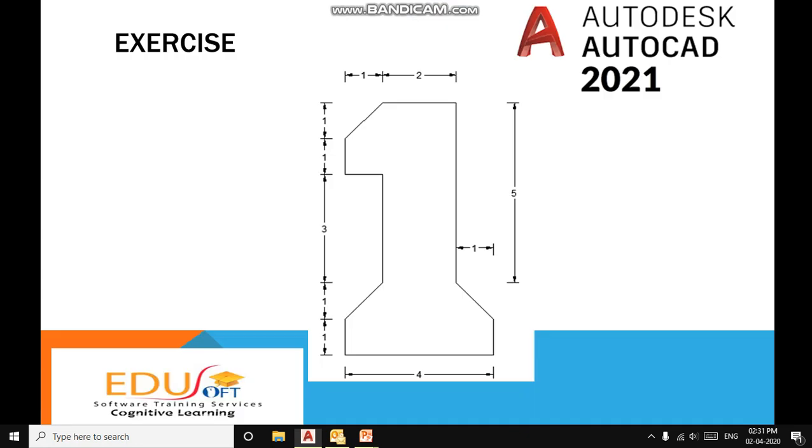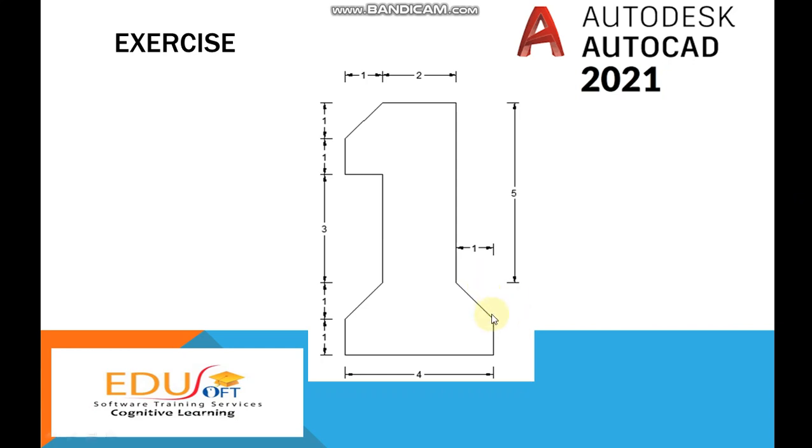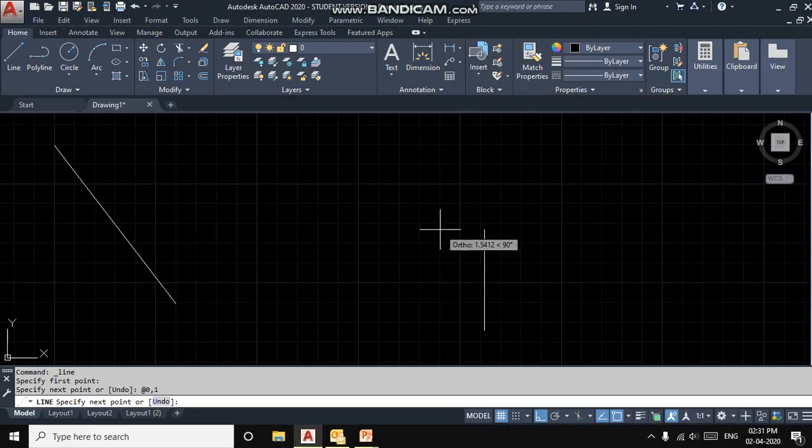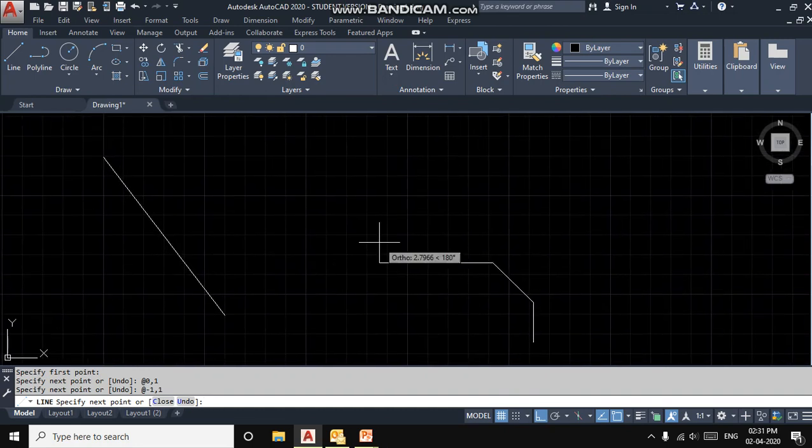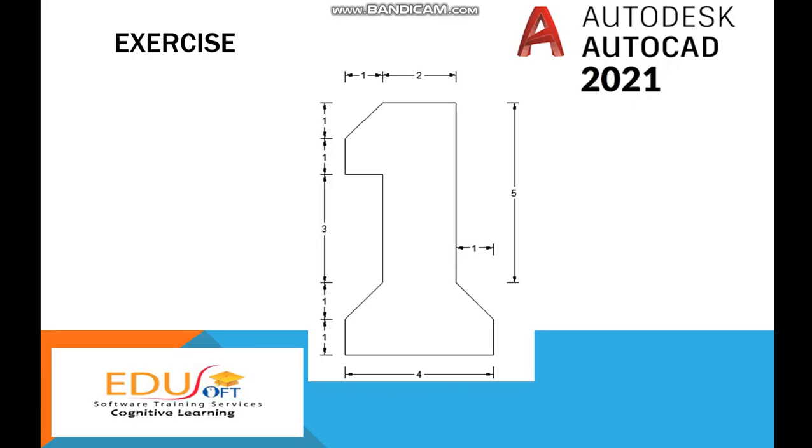First line is finished. Now this line is moving from here to here. If this is our origin point, the line is moving towards our second quadrant. That means your x value will be negative, y value will be positive. So I am giving my x value negative, y value positive. See. Okay. Now again it is going upward.